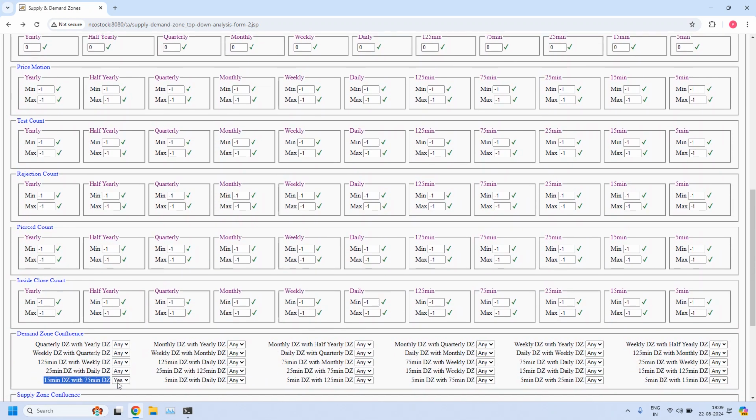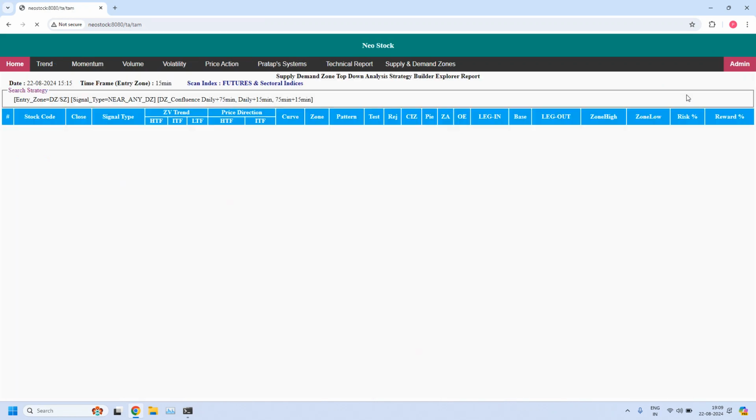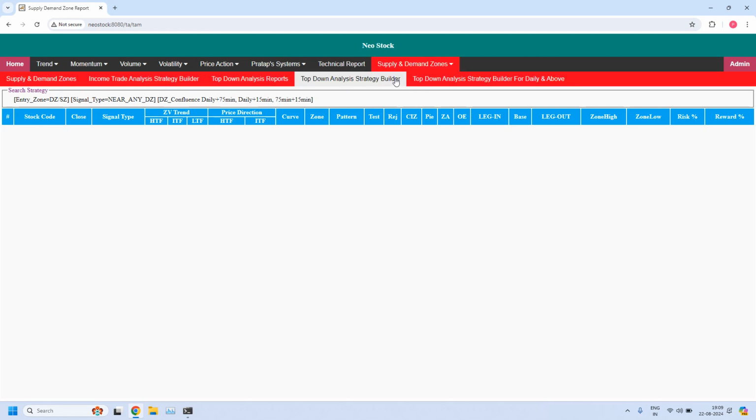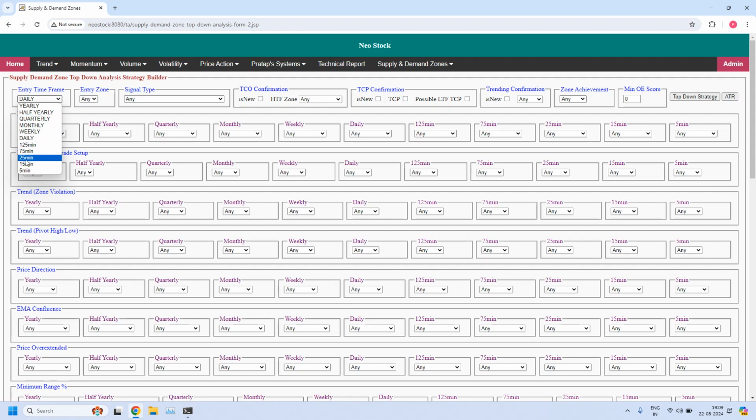So 15 minutes to 75 is already enabled. Next, the 15 minutes demand zone with the daily demand zone I am enabling, and also the 75 minutes demand zone and the daily demand zone I am enabling. Now let's filter. No, none of the stocks are filtered, as I expected.